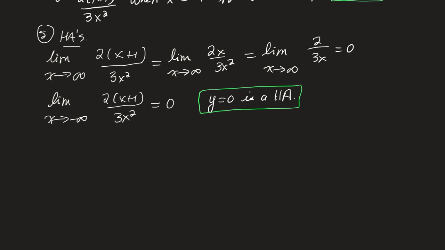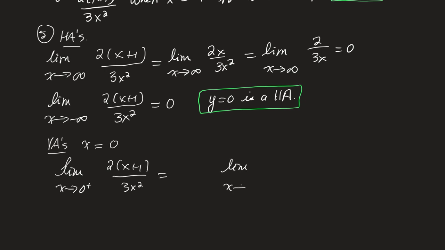Let's now consider vertical asymptotes, and I know that it's going to have a vertical asymptote at x equals 0. The denominator is undefined there, but I should still give my limits. So let's do the limit as x tends to 0 from the right of f of x, and the limit as x tends to 0 from the left of f of x.